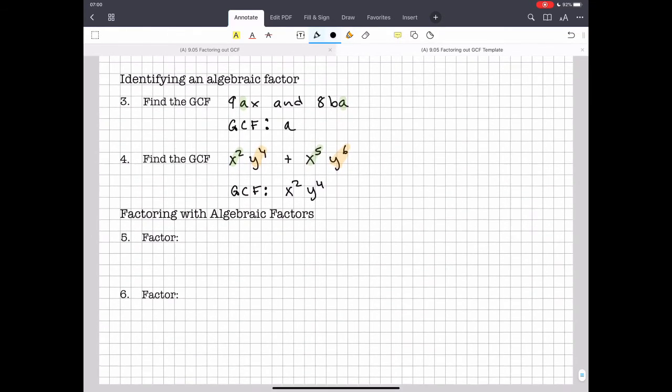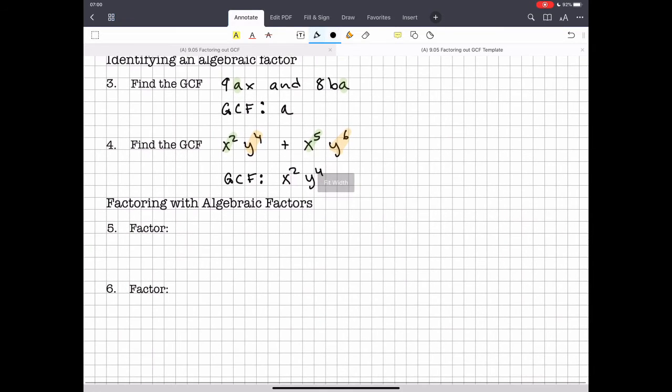Let's try to now factor out with algebraic factors. So we've got the problem of a squared minus 3a. We want to factor this completely. So we're going to do basically what we did in problems 1 and 2.